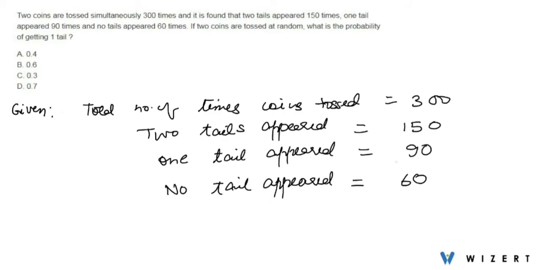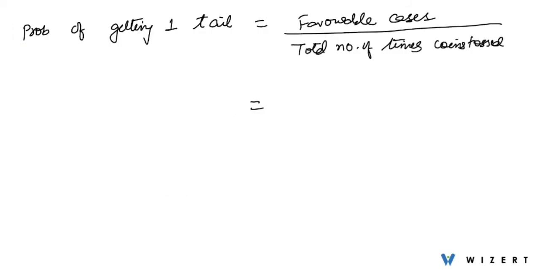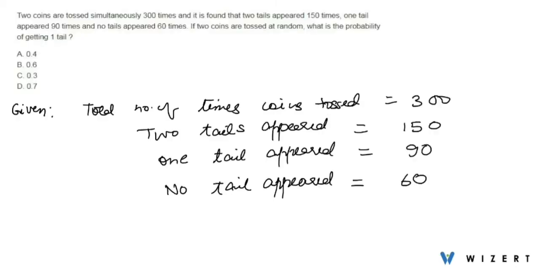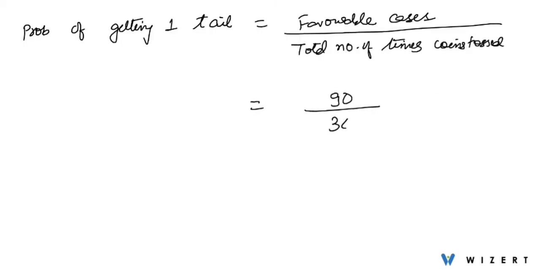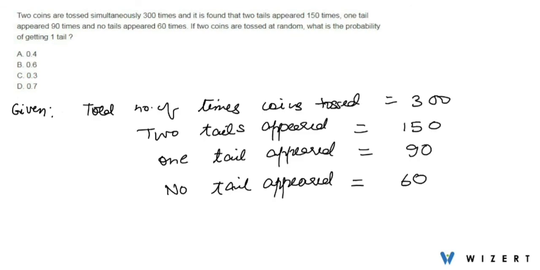One tail appeared 90 times, so that is 90 divided by the total number of times the coin was tossed, which is 300. So 90 by 300 will give 0.3. So 0.3 is the required probability, which is option C.